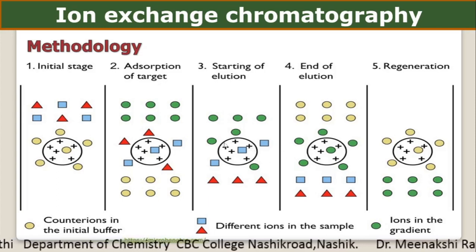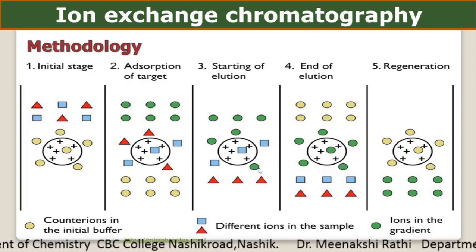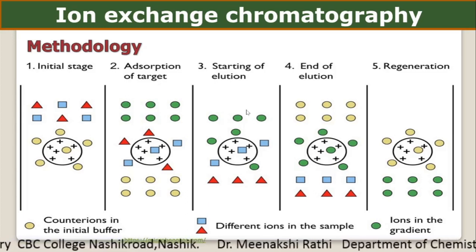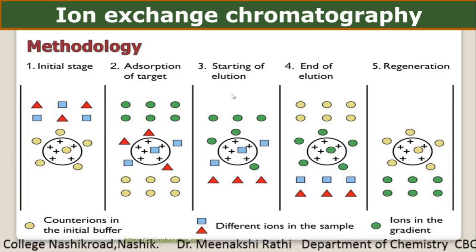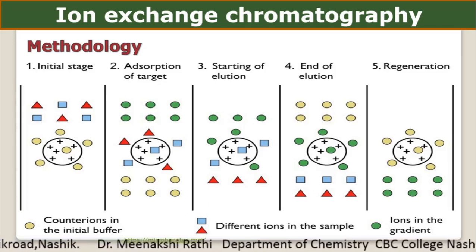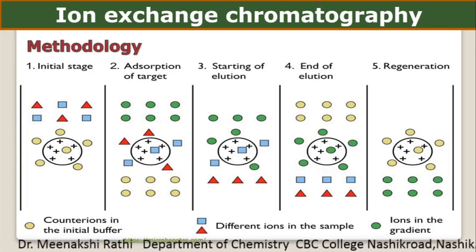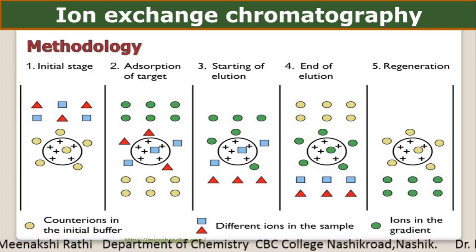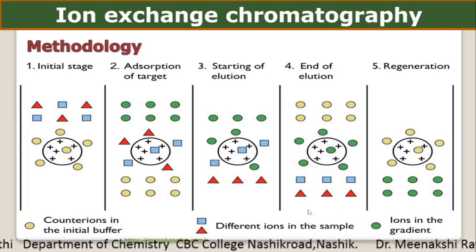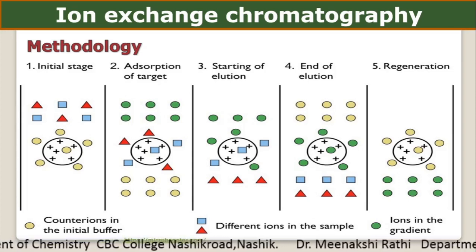Once all the negatively charged proteins are attached, then they are washed with the eluent. The eluent is always a negatively charged solution with high gradient or high pH. So what they do, they replace all the protein ions again, and in this way protein samples are separated.